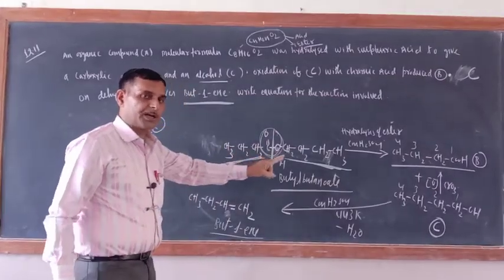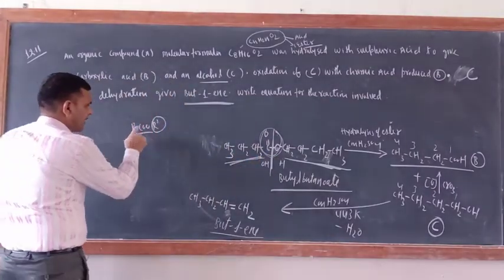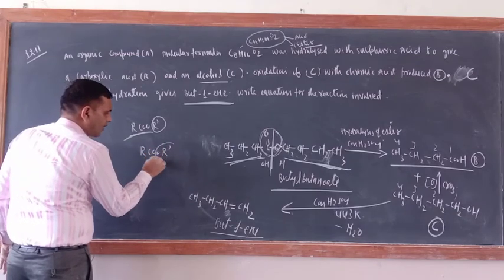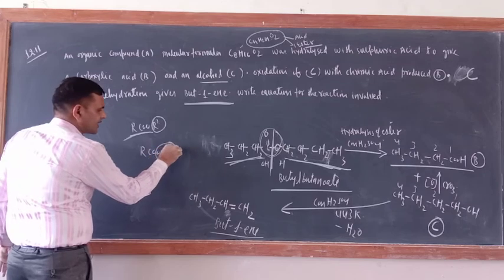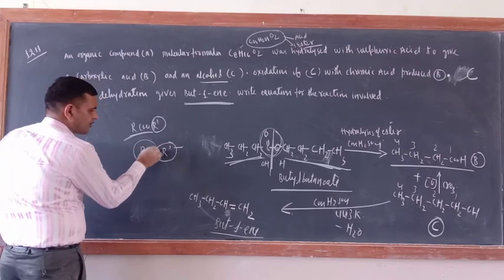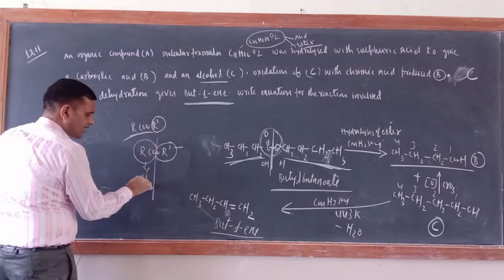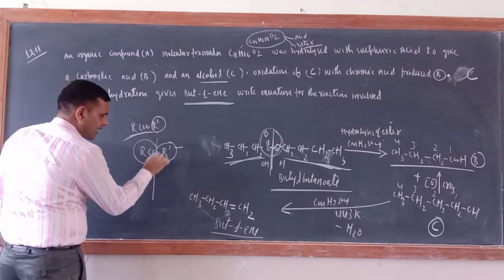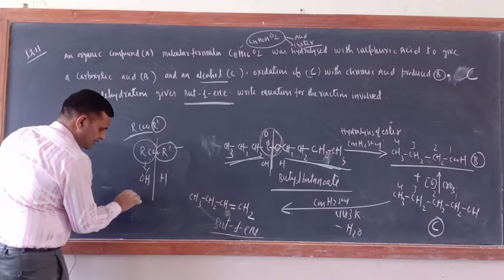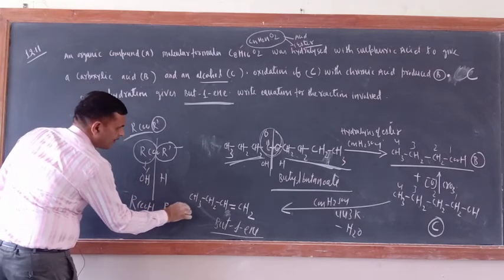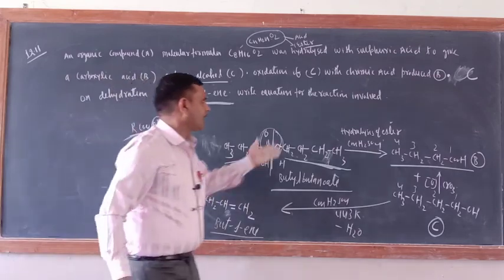Then only you will get it. Now, in RCOOR dash, the RO part is the alcoholic part and the RCO part is the acidic part. When it is subjected to hydrolysis, the RCO part receives the OH and the RO part receives the H. Then only RCOOH and ROH are formed. So this is all about this one.